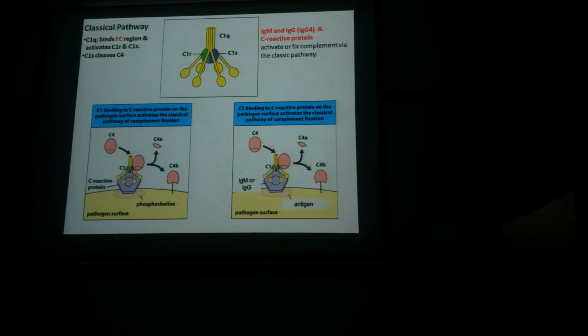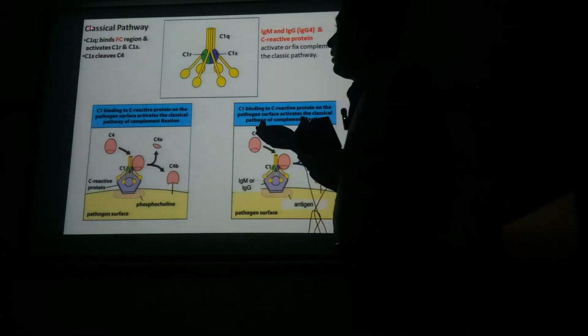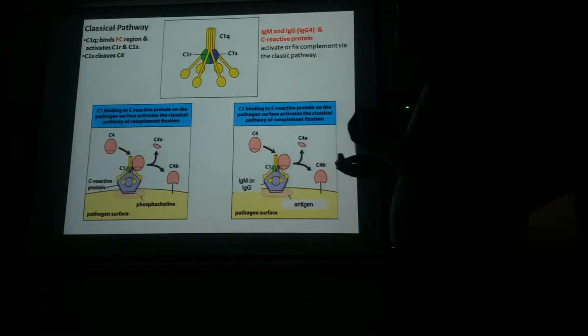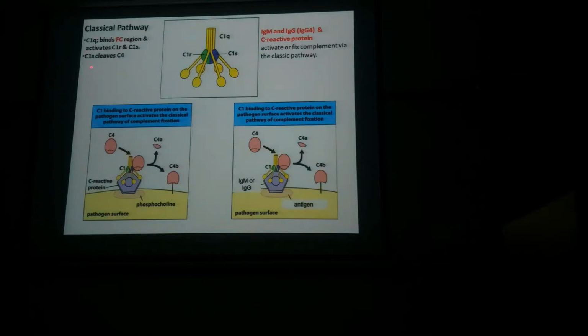Once this assembly of the C1Q with IgM or IgG or C-reactive protein on the surface of the pathogen takes place, what will happen after that? The C1Q would start activation of the C1R and C1S, okay?